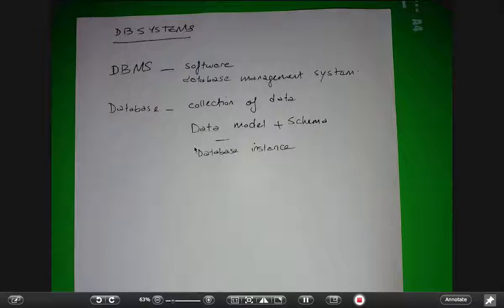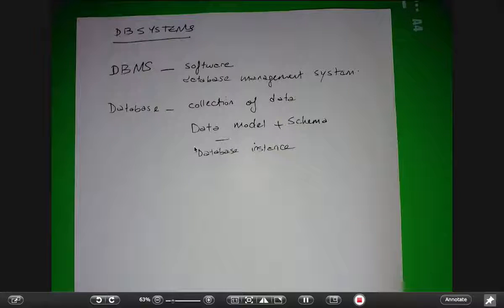But the actual instance of what is in that table will change over time, because the students in database systems right now are not the same as students who were in database systems last semester. Or the students that are in RPI right now are not the students that were RPI students 4 years ago. So the type of data you store is the same, but the actual data changes over time.